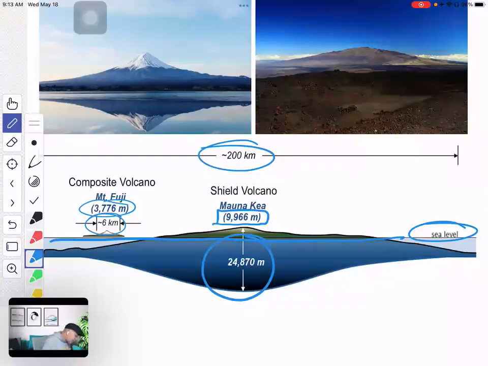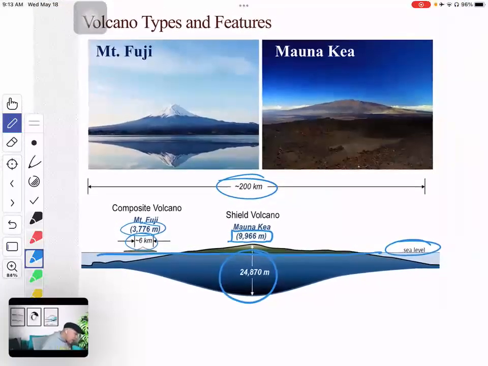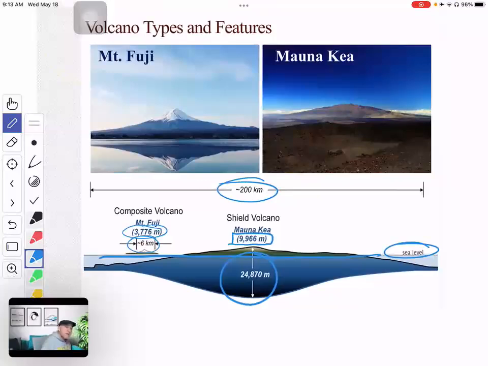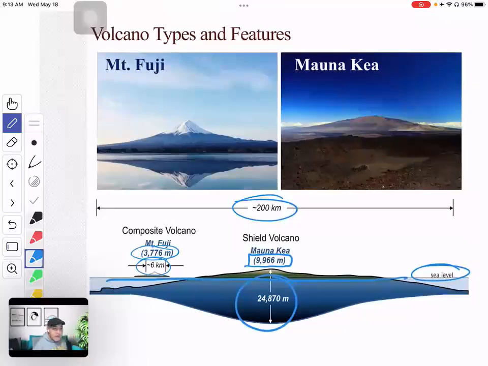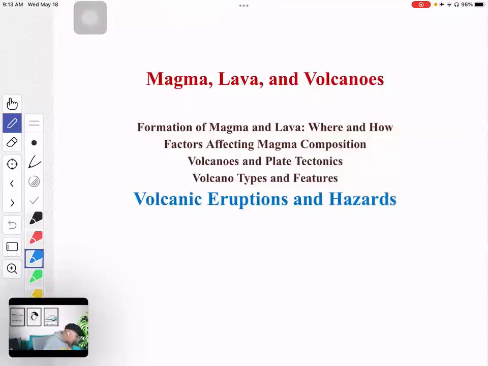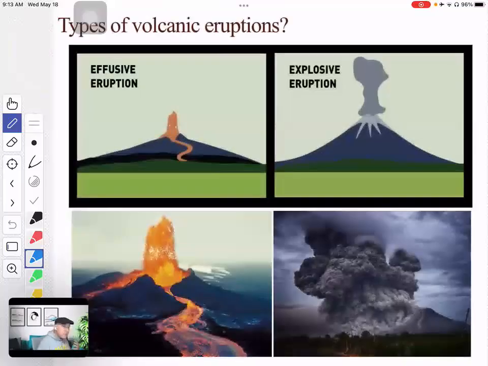Okay, so shield volcanoes, although they seem very unassuming, are in fact very large in all types of measures. Okay, so let's look then at the hazards associated with eruptions from those volcanoes.